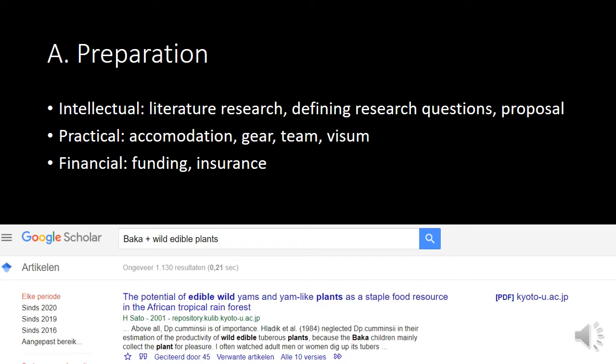So I looked into the Baka and wild edible plants and started with this intellectual pursuit of trying to find out what was happening over there and what my role in this could be, as in what would a researcher look at, what is important.